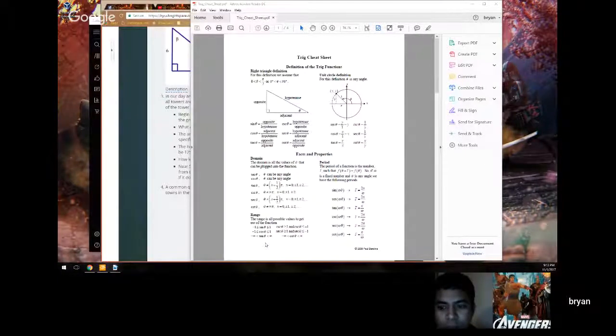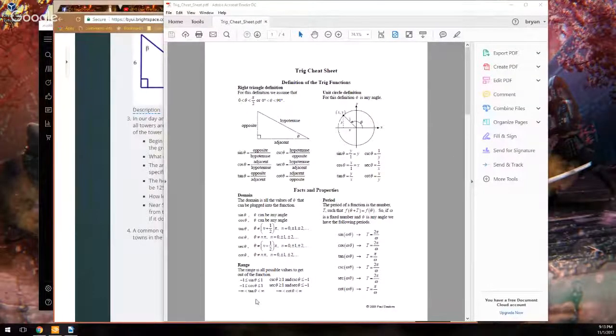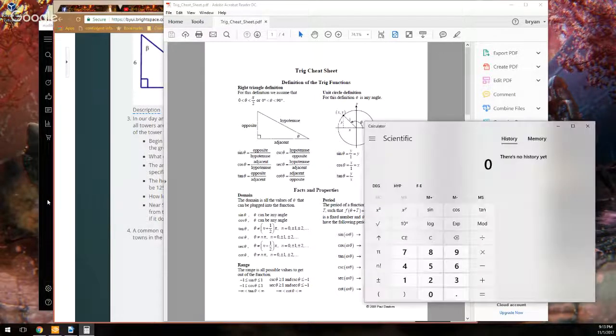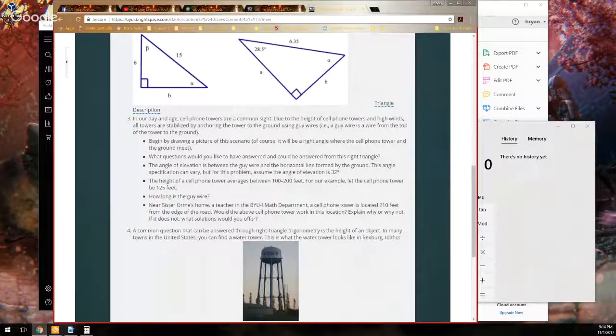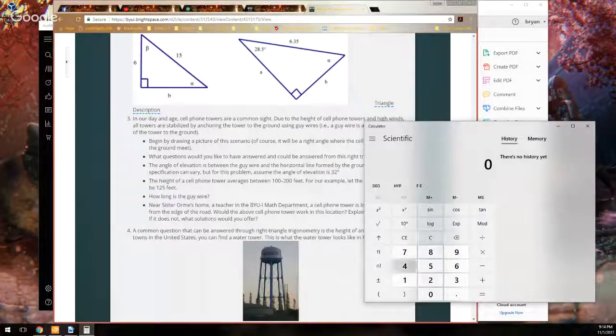So you're the opposite, and we want to find the hypotenuse, so that becomes sine of 32 degrees equals 125 over x. Okay, so then you multiply by x. So you get 125 divided by sine of 32, because the angle of elevation is 32 degrees.